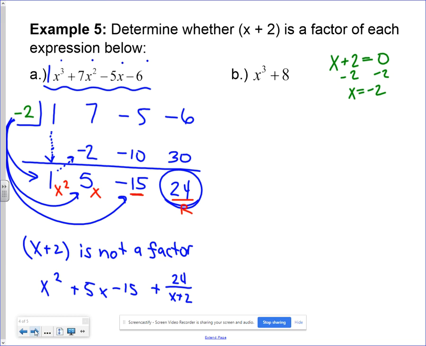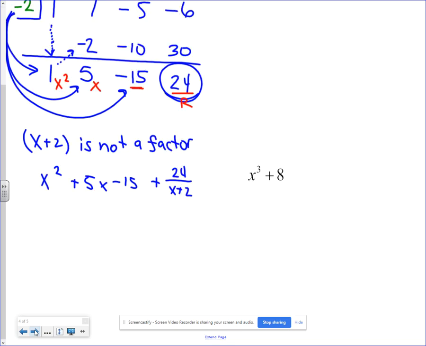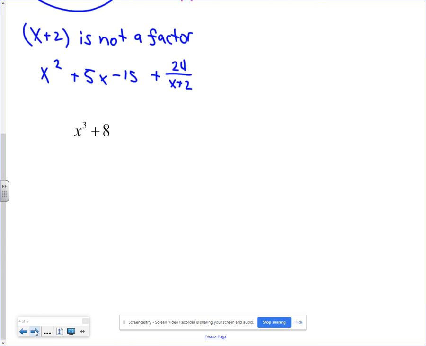Alright, so let's try this next one. X cubed plus 8. Is x plus 2 a factor of x cubed plus 8? I'm going to move it down here so I have some more room to work. So again, we're going to look at x cubed plus 8. My biggest exponent is a 3. What comes after a 3? A 2.